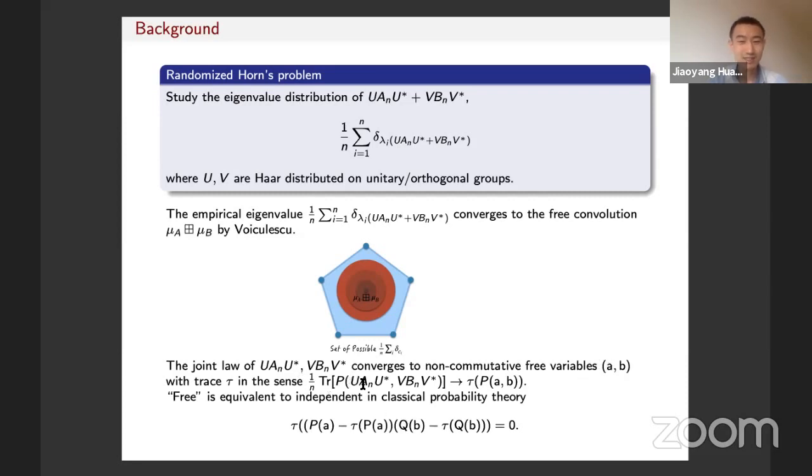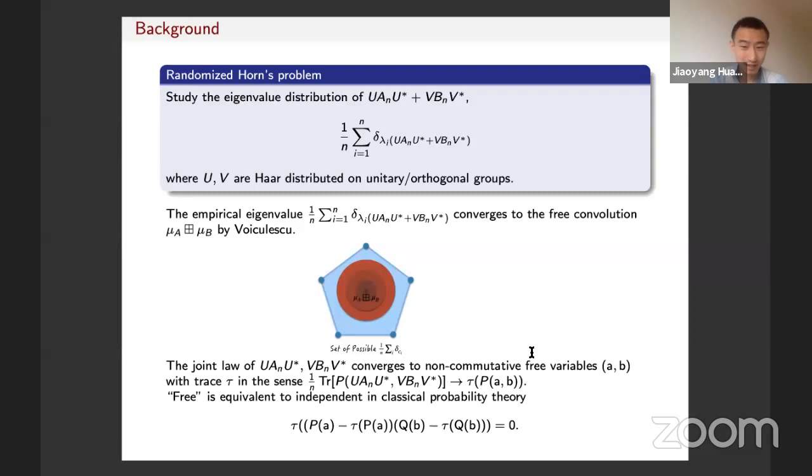The convergence is in this sense: if you take any non-commutative polynomial P of U An U star and V Bn V star, take the trace and normalize it by 1 over n, this will converge to tau of P(A, B).